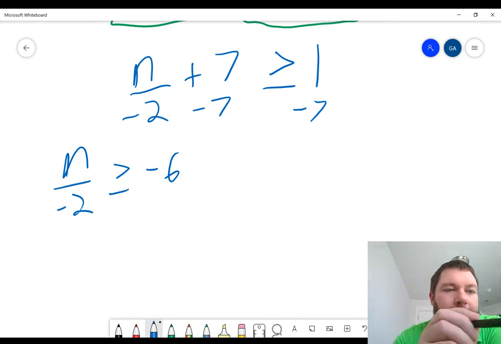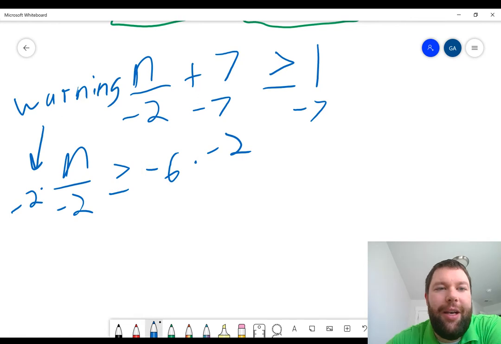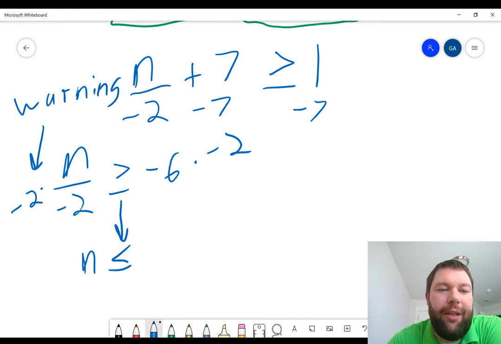Now I've got to get rid of that -2, so I'm going to multiply each side by -2. And warning, I am multiplying each side by a negative number, which means this inequality sign is going to flip. It's going to change directions. It is now going to go to the other side.